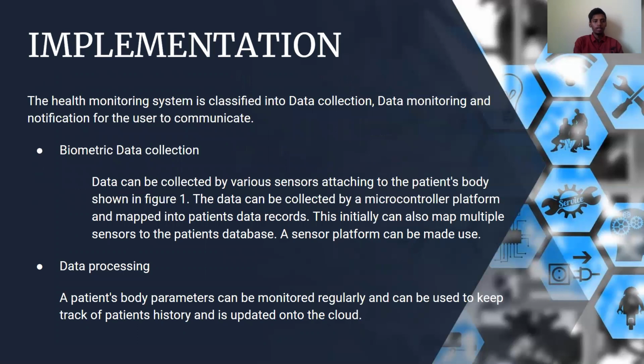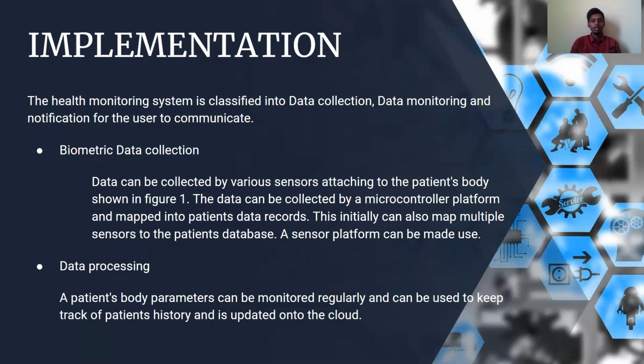Moving on to the implementation, there are basically three parts in this monitoring system: data collection, data monitoring, and data communication. Biometric data collection will have the sensors connected to the body using a sensor interface shield, and the microcontroller platform is mapped into the data records.